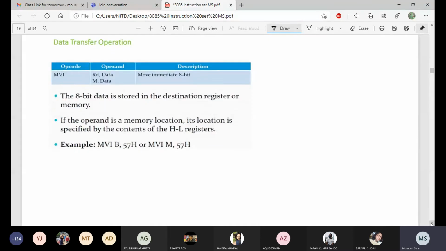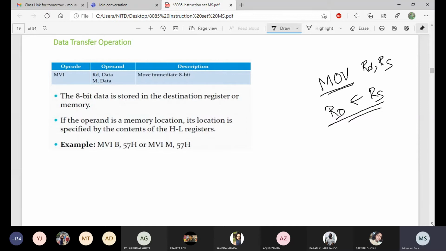Data transfer instruction. We have different types of data transfer instructions. One that is very common is MOV, and you can give a destination and a source. From the source to the destination you can transfer the data with the help of the move instruction.